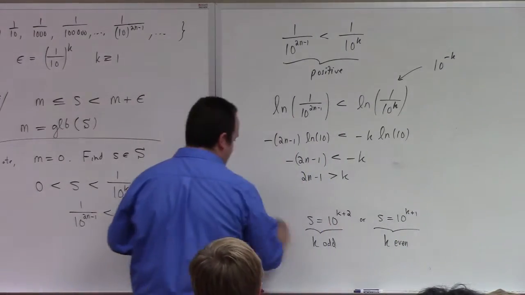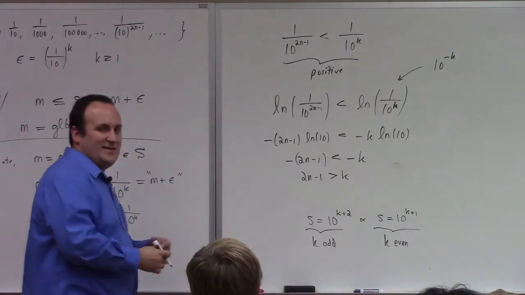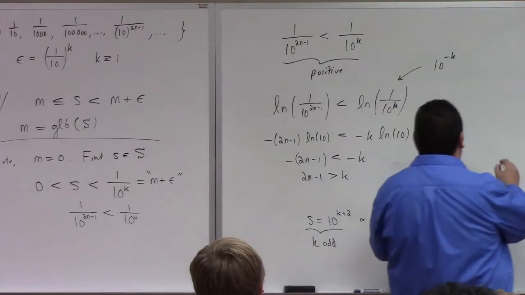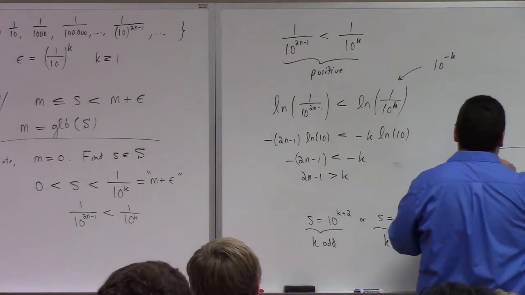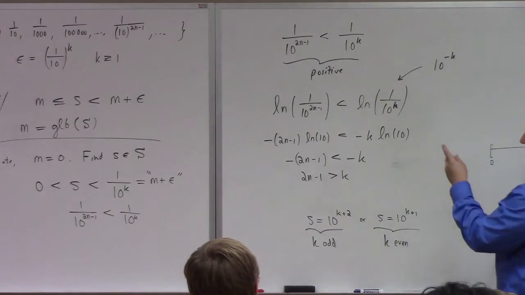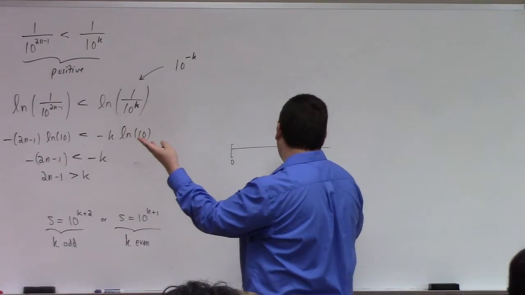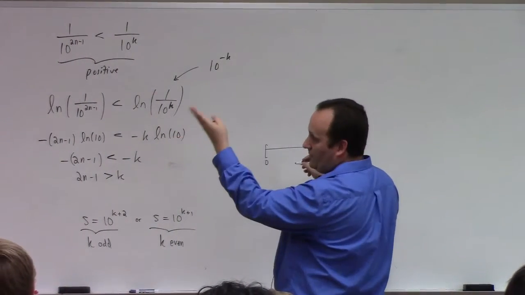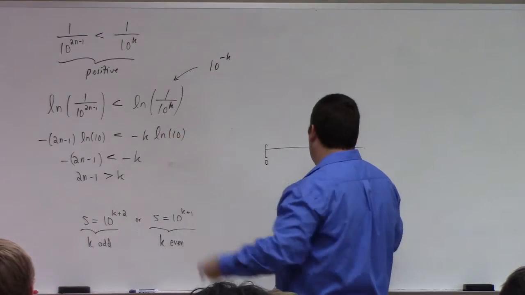Look, you can draw a number line. This is really not that complicated. 0 is here, right? You pick something in here, 1 over 10 to the k.